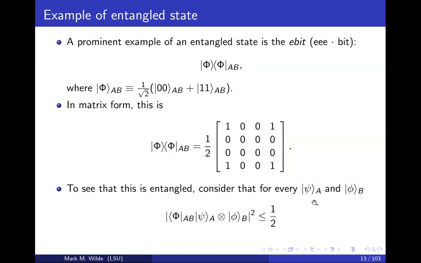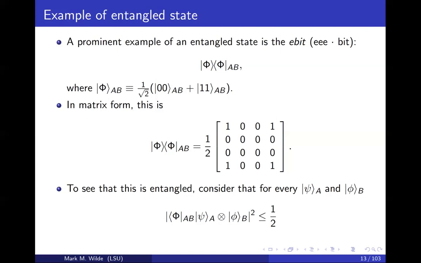Okay. So that means that it's impossible to write it as this tensor product. For if it were, then there would be some choice of psi and phi such that the inner product would be 1. But it's not true. It's always less than 1/2. That's something you can prove. It's a more challenging exercise.